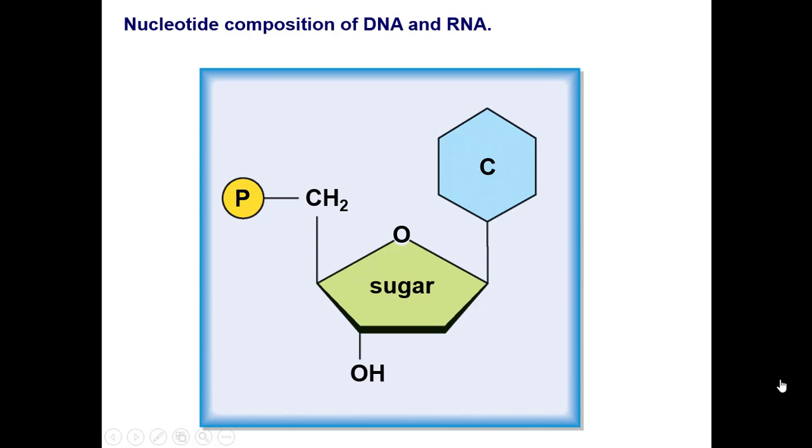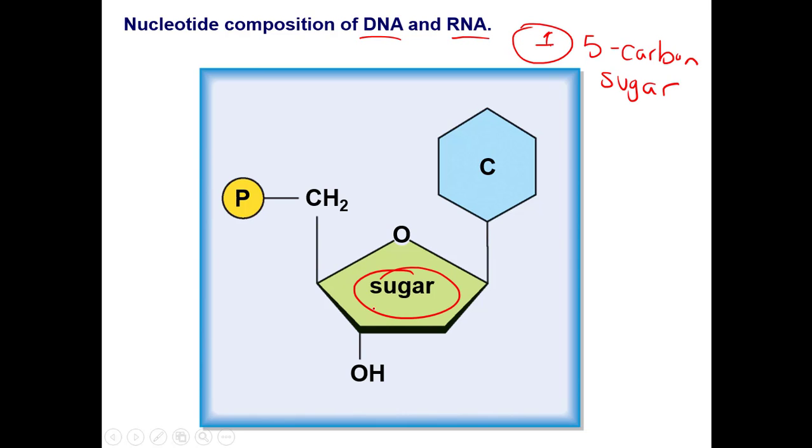In this video, we will talk in detail about the structures of DNA and RNA. DNA and RNA are both composed of three main components. The first component is a 5-carbon sugar, pictured here in the center.